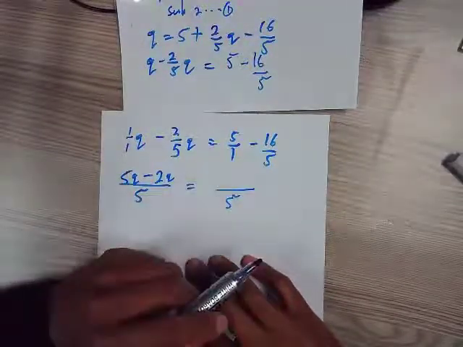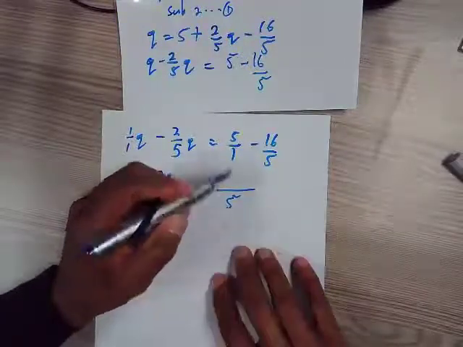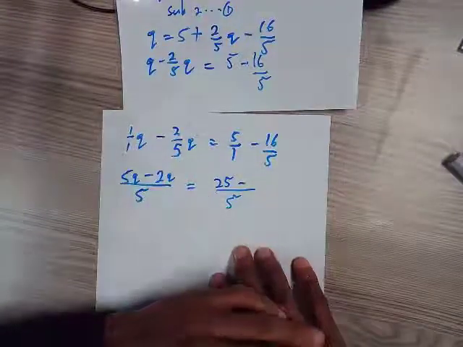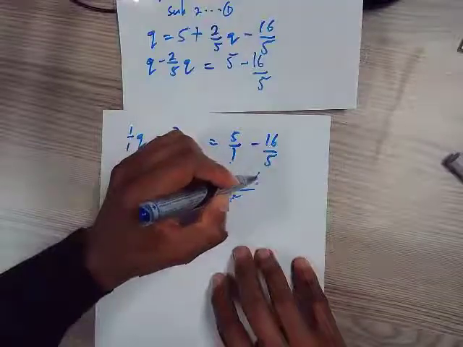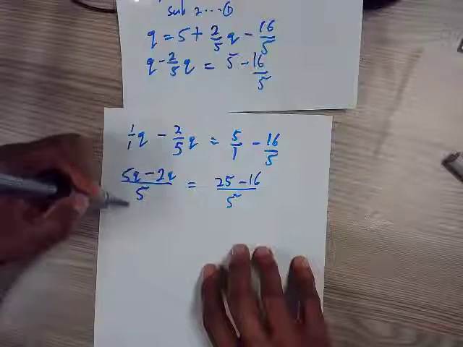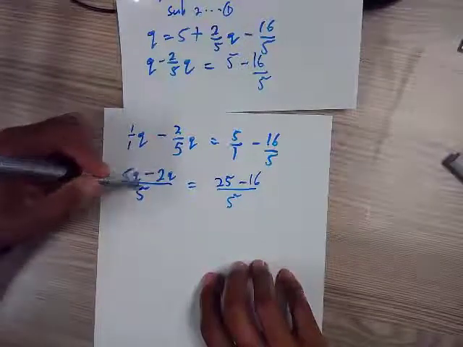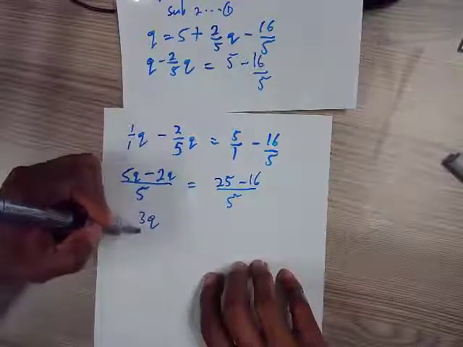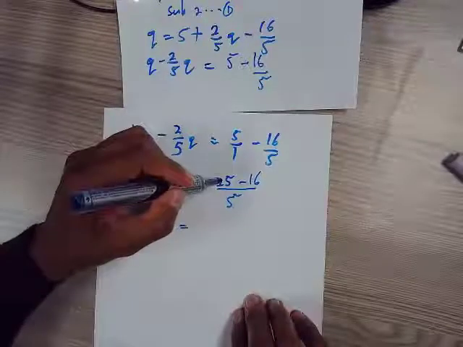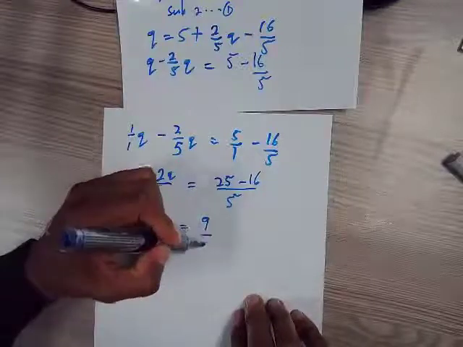How many times does 1 go into 5? 1 time, 5 times 5, 25, minus 5 into 5 once, 16 times 1, right? So now here I have 5q minus 2q, 3q over 5 equals 25 minus 16, it's 9 over 5.